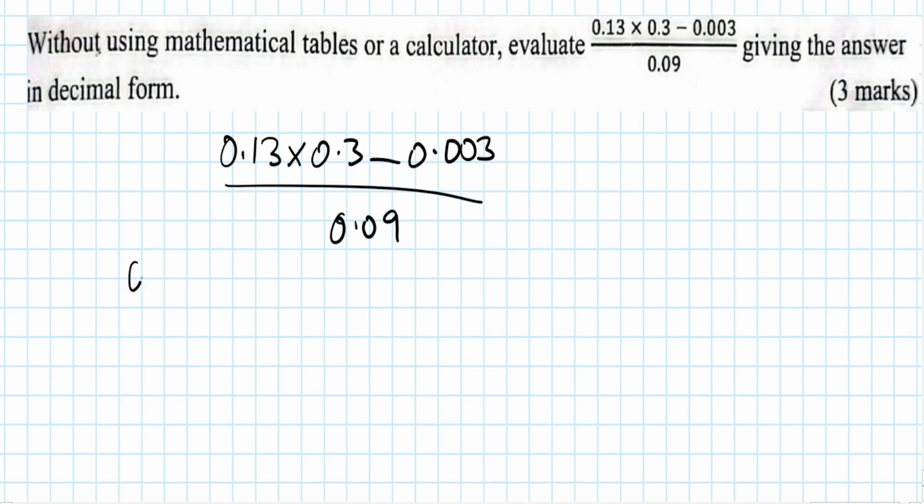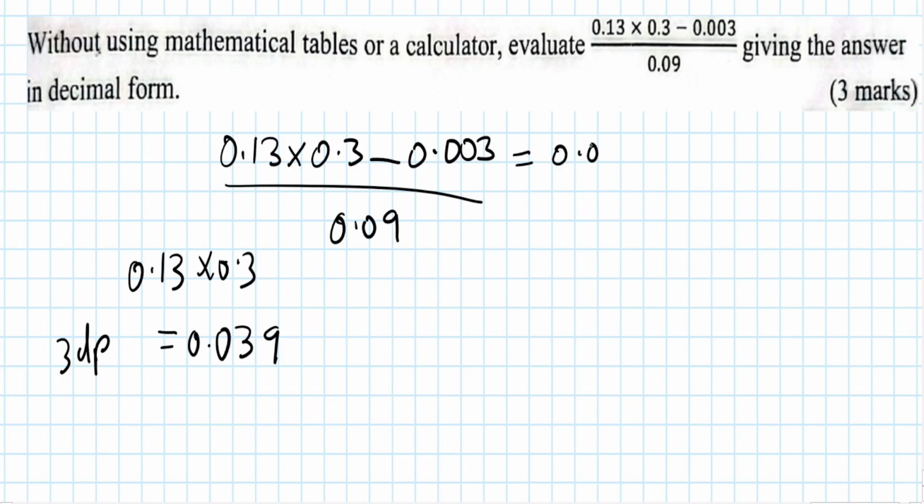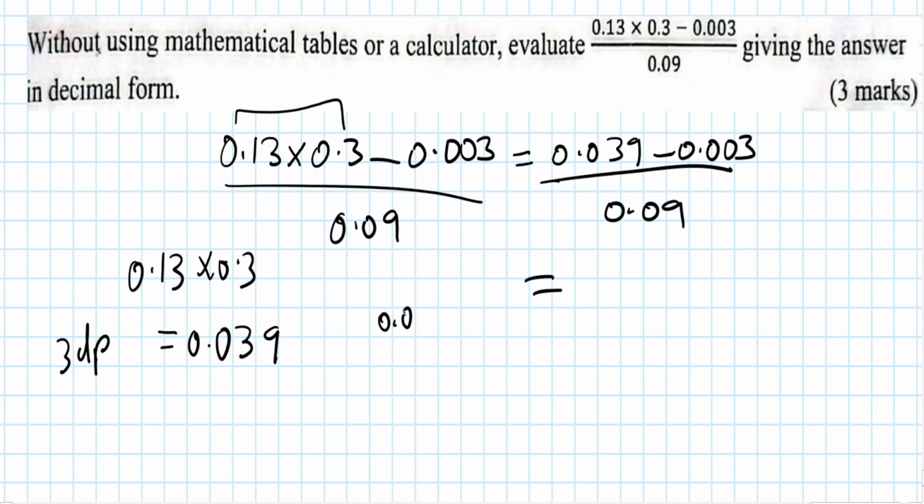If you take 0.13 times 0.3, 13 times 3 would give you 39. But since it has 3 decimal points, it's going to be 0.039. So you have 0.039 minus 0.003, over 0.09. If you subtract 0.003 from 0.039, you're going to get 0.036.